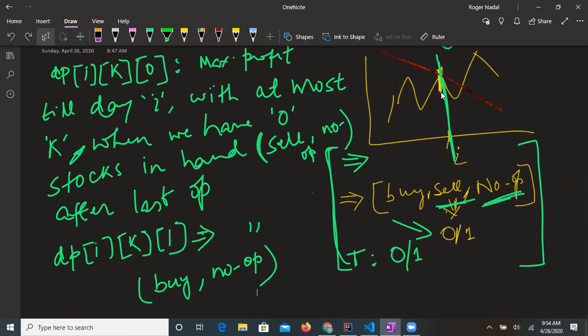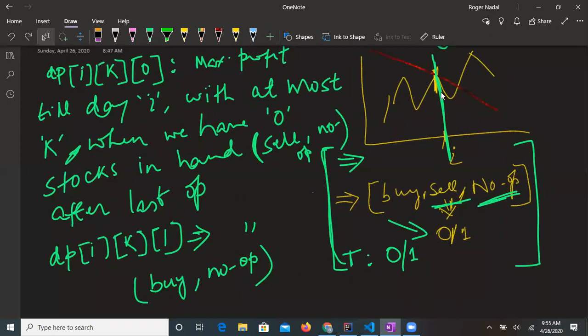Is there a way to track what day we do the transaction? So that means K value will be either 0 or 1, right? You're right. We already talked about it here. That K value. Okay, let me choose this here.